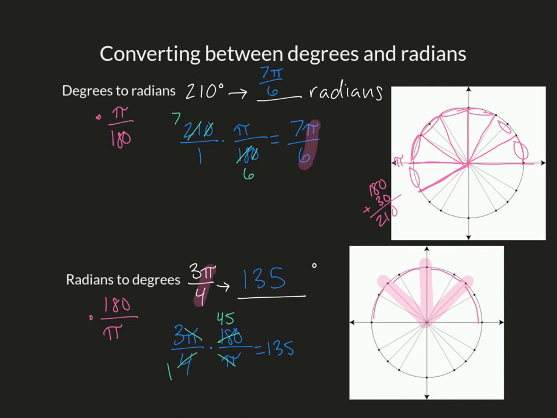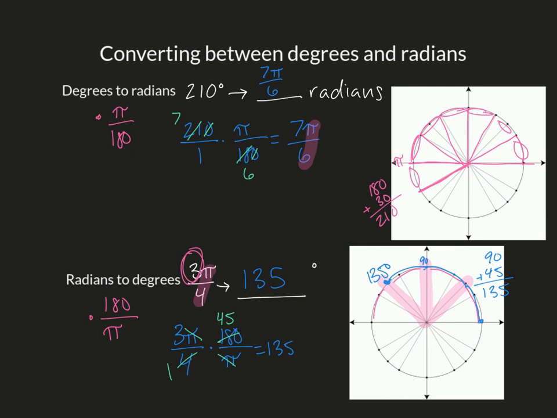And in this problem, I only need 3 of them, 3 pi cut into 4. So I go from 0, one set of 45, another one, and another one. And I remember that this spot right up here is 135 degrees, because it is 90 plus another 45.